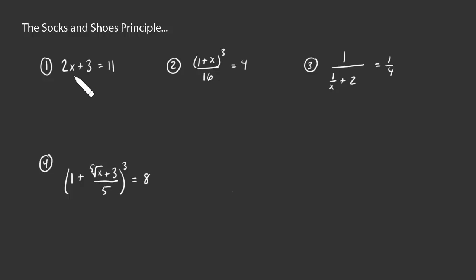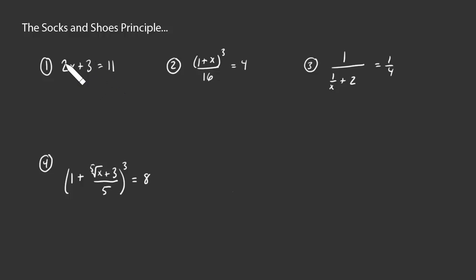In this case, we modify twice x by adding 3 to it. If I want to get back to my bare foot, back to x, I have to undo these things in the reverse order of their application, right? The last thing done has to be the first thing I undo, just like I take off my shoes before my socks. So 2x plus 3 equals 11.